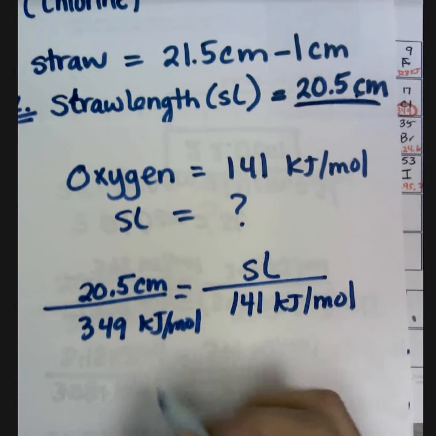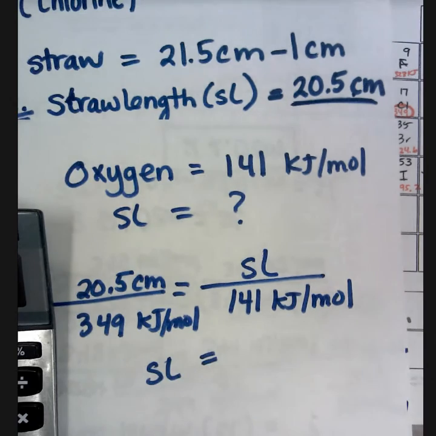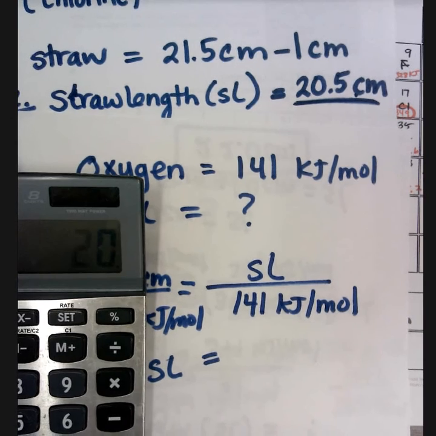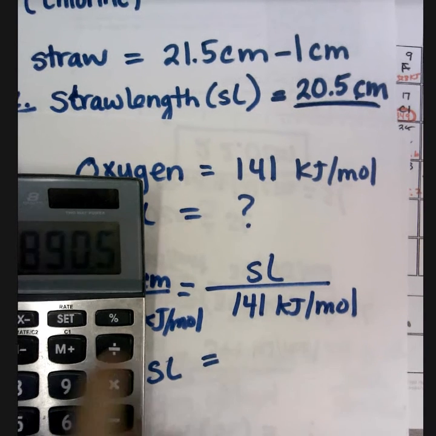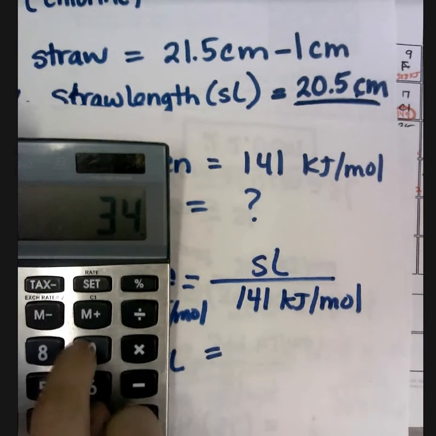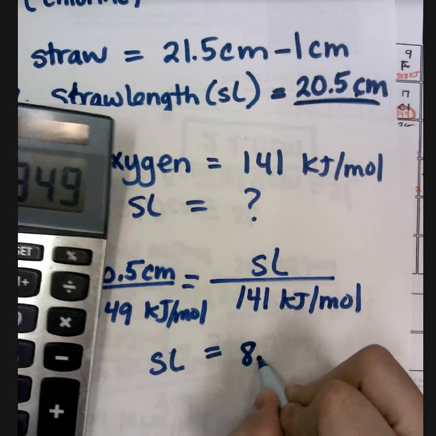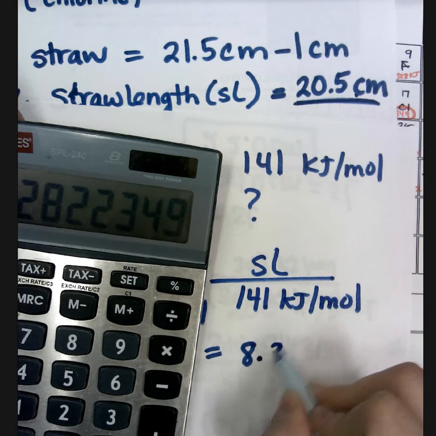We'll do the same thing and solve for straw length. 20.5 times 141, cross multiply, divided by 349 is going to equal 8 point, and we'll round that to 8.3 centimeters.